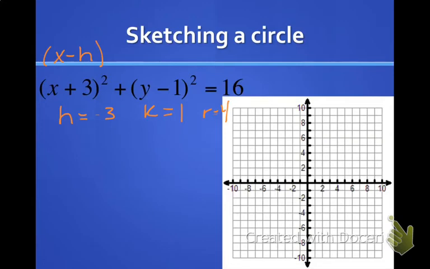Plotting that on our graph, let's start off with (-3, 1) for our center, right here. And we're going to count out a radius of 4. Here's 1, 2, 3, 4, in each direction. And then we do our best to come up with something that's round. That's one of my better circles, so don't feel bad if yours look kind of crooked.